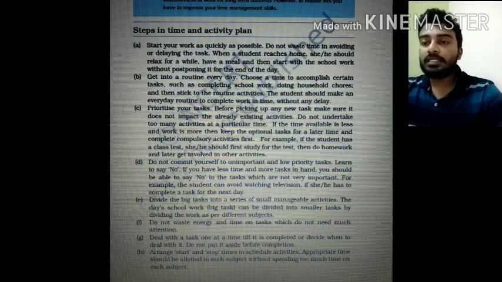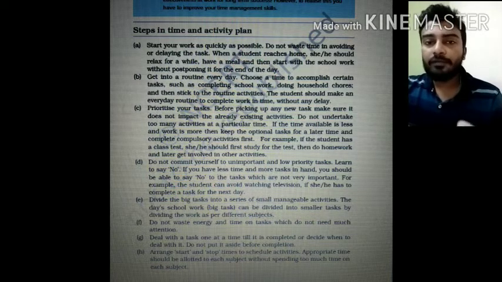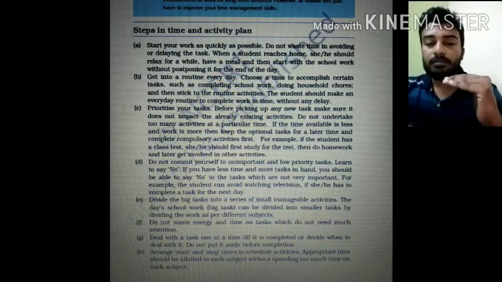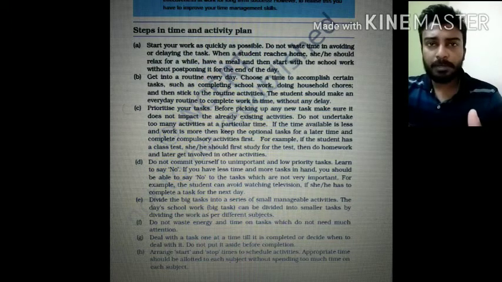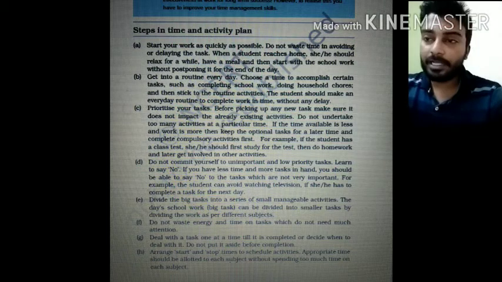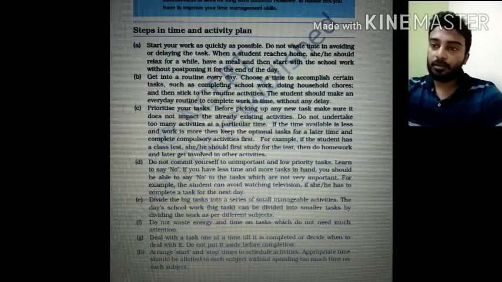Do not undertake too many activities at a particular time. Start the work, complete it, or when it is almost completed, then you can start with your next activity.